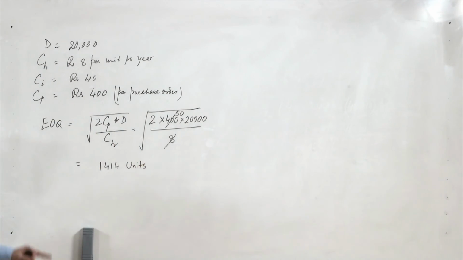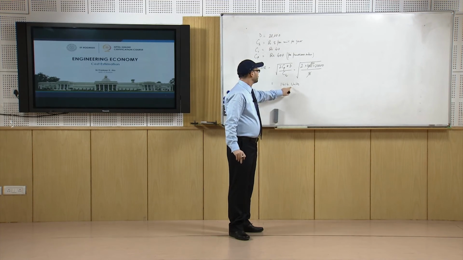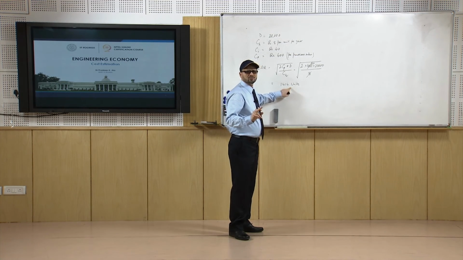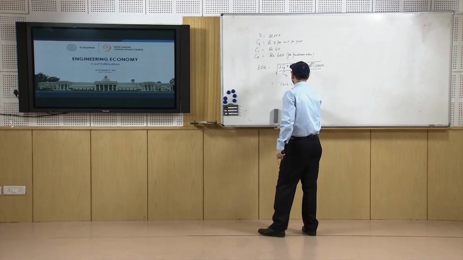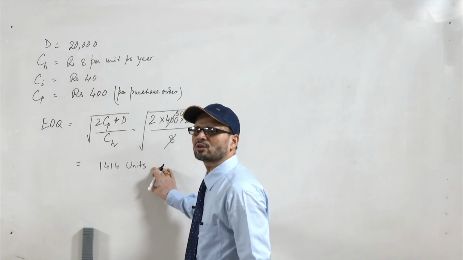This is the economic order quantity, the quantity which, when ordered once, leads to the minimum total cost.